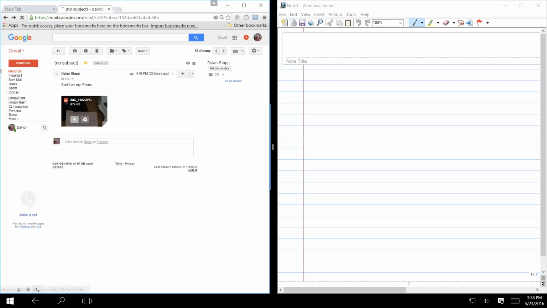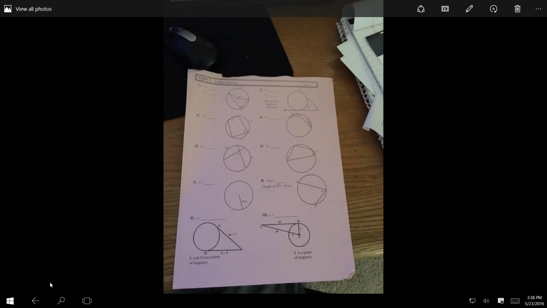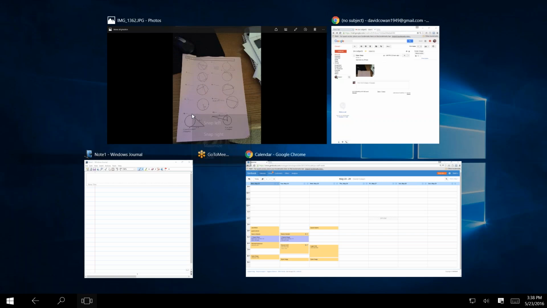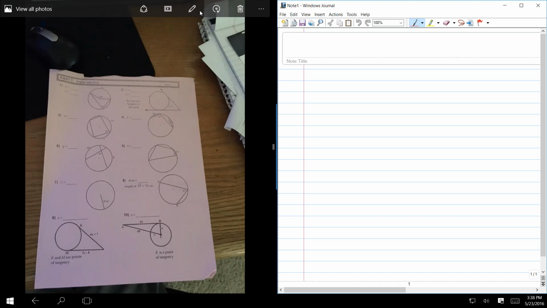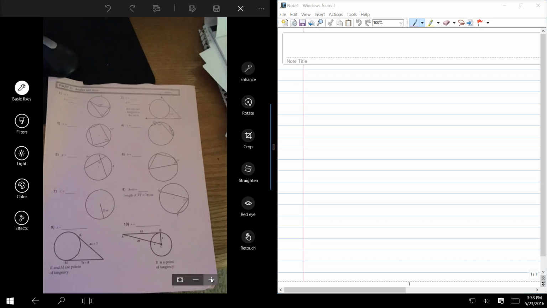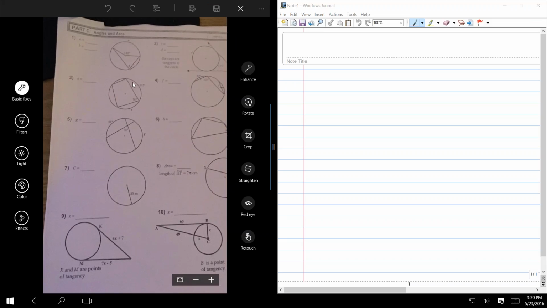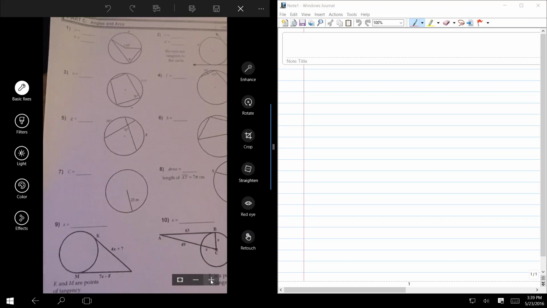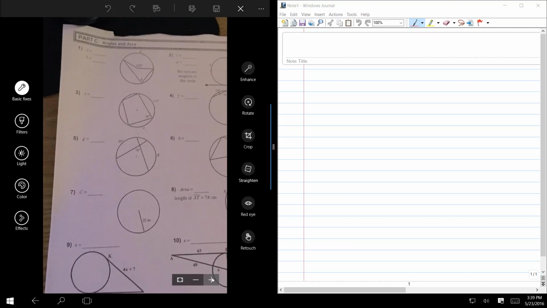If I download it, then I can blow it up. I always forget that. Now I can edit it and expand it. This wasn't the best quality copy, but it'll have to do.